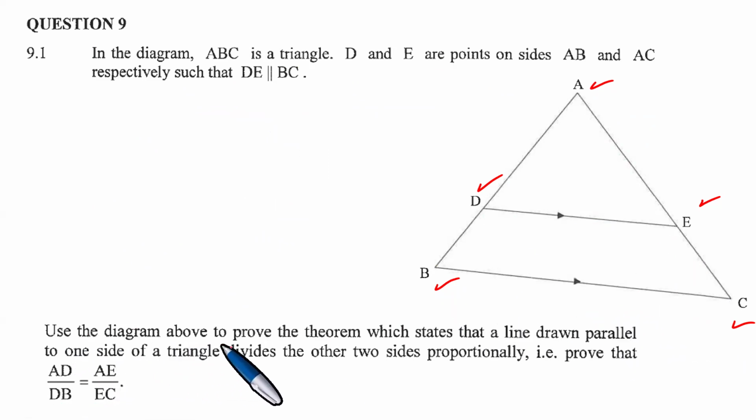Use the diagram above to prove the theorem, which states that a line drawn parallel to one side of a triangle divides the other two sides proportionally. That is, prove that AD over DB is equal to AE over EC.